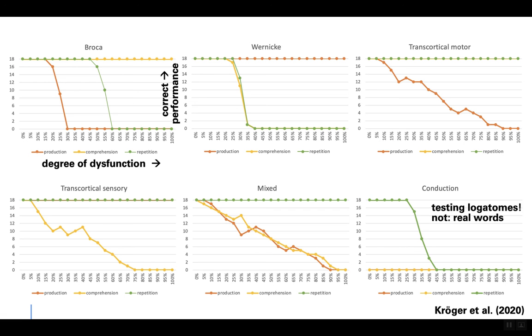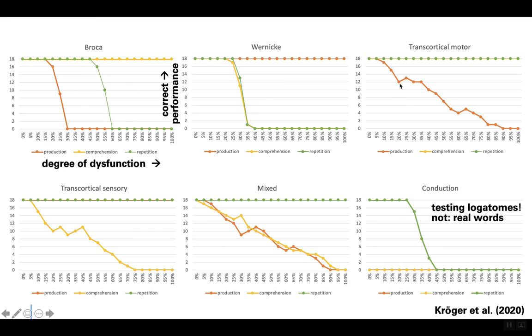So the results are summarized on these slides. For each type of neural dysfunction leading to these types of aphasia, we really get a decrease in performance of one or more of the three tasks introduced earlier. For the Broca aphasia, we of course get a decrease in production as well as in repetition, while comprehension works. In the case of Wernicke aphasia, production works, but comprehension as well as repetition is not working correctly.